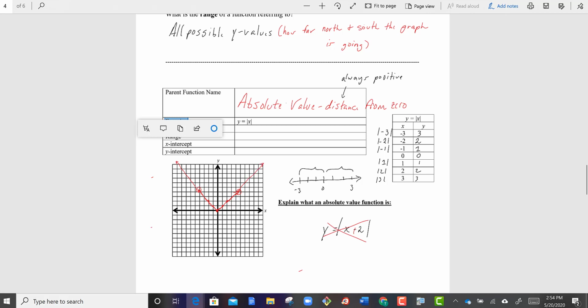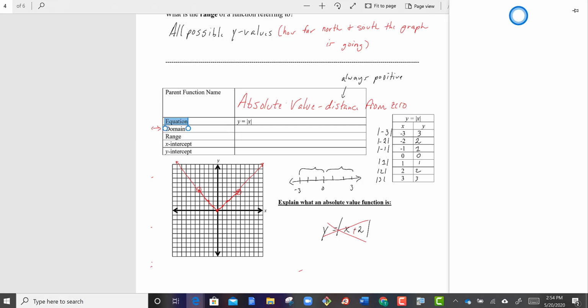So since it's going left and right forever, we're going to say the domain is all the numbers from negative infinity to positive infinity. It looks kind of like an ordered pair, interval notation, but that's how we write it.